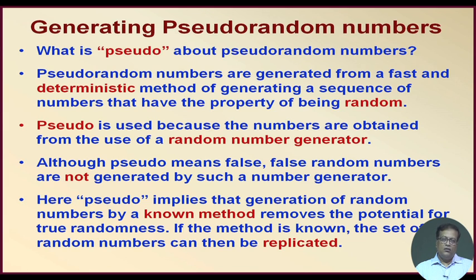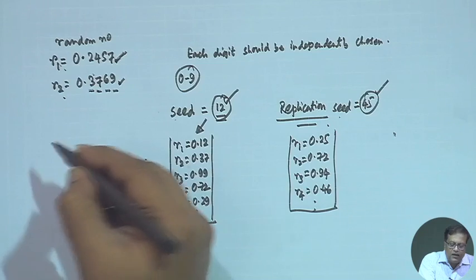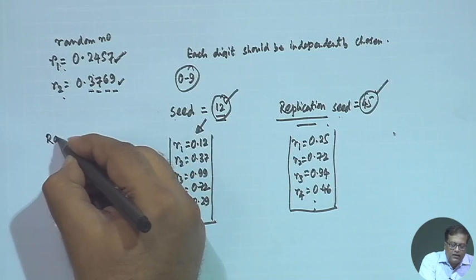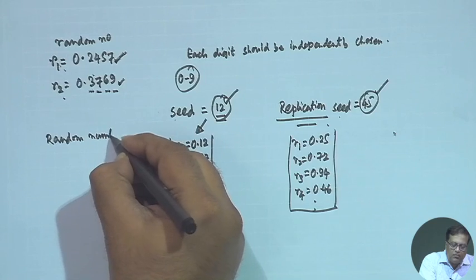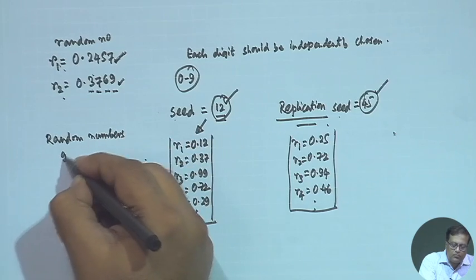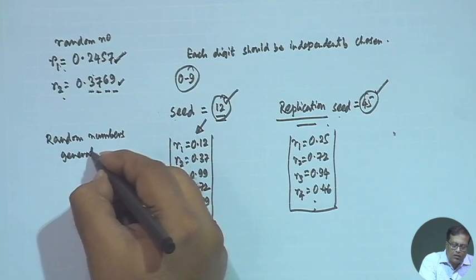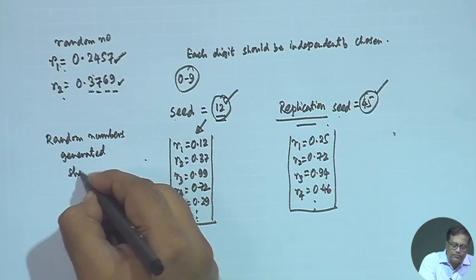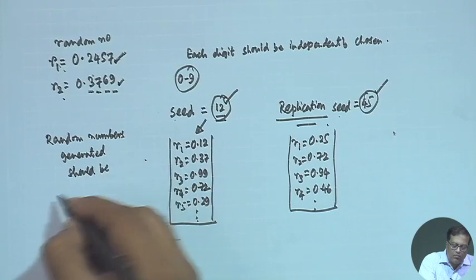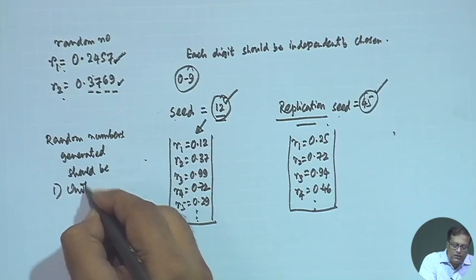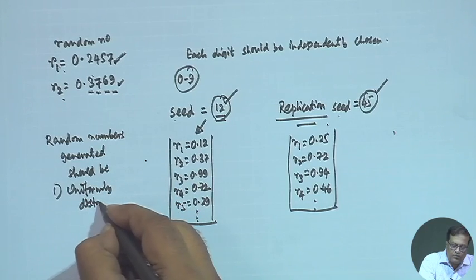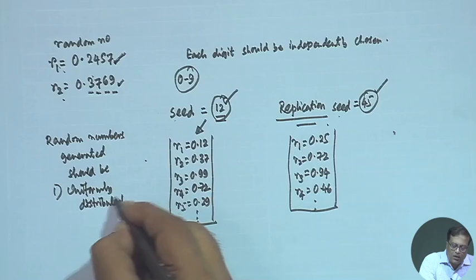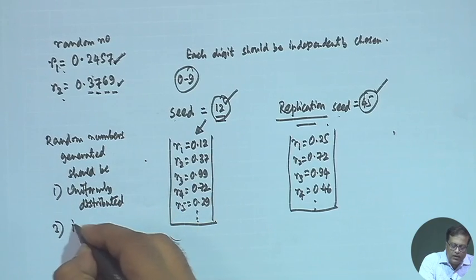But as far as the two properties are concerned, the random numbers generated should be number 1, uniformly distributed, and number 2, independent.